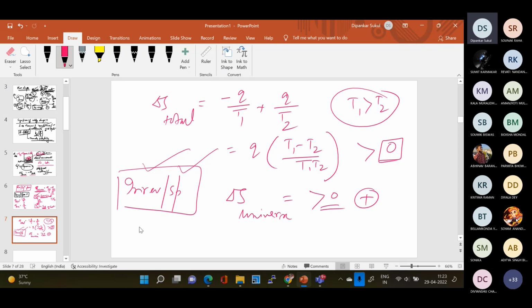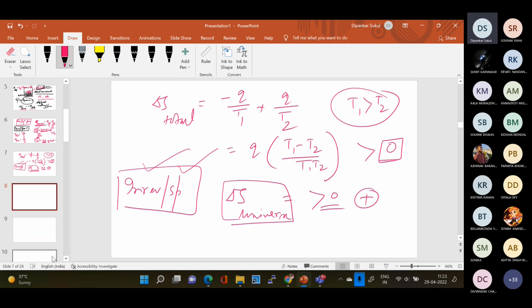That's why we can say that the entropy of the universe is increasing. This is another statement of the second law of thermodynamics. Because in the universe, all the natural processes that are happening are irreversible or spontaneous. And as a result, the entropy of the universe is increasing.